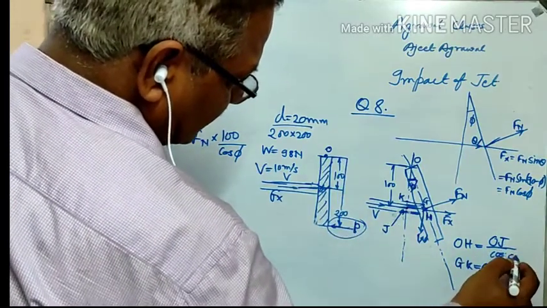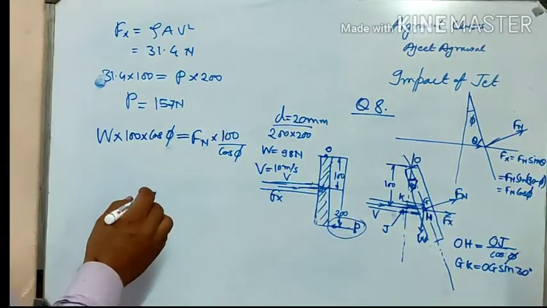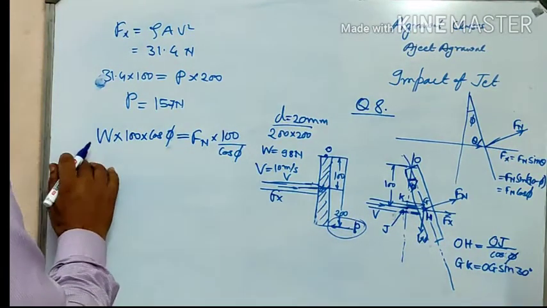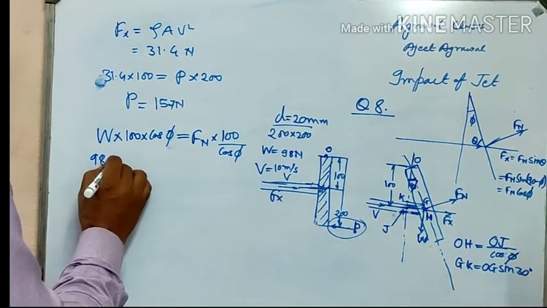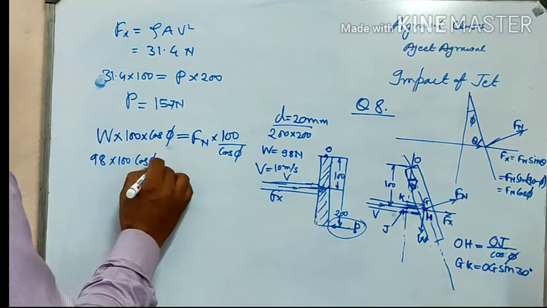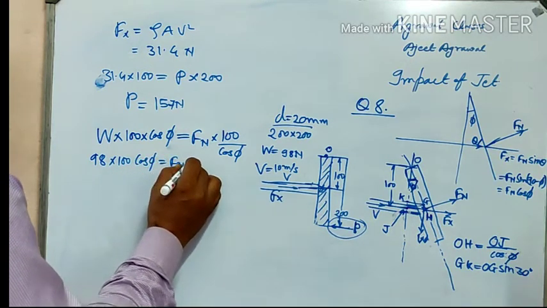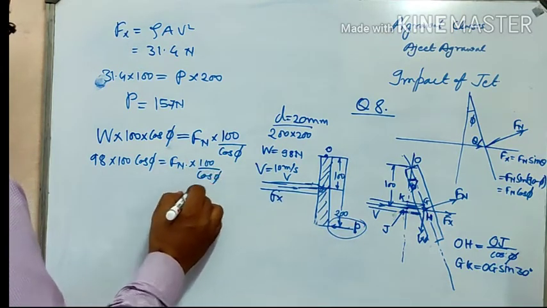From this, we know the value of W as 98 Newton, so 98 multiplied by 100 sine phi equals Fn into 100 upon cos phi. This is one relation.